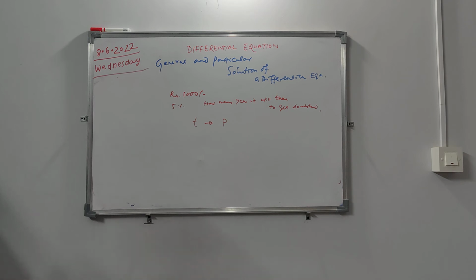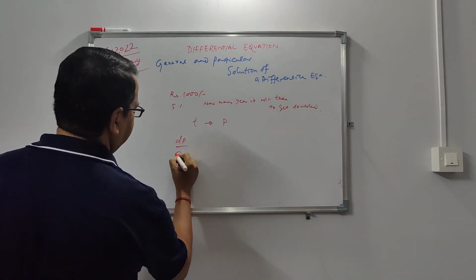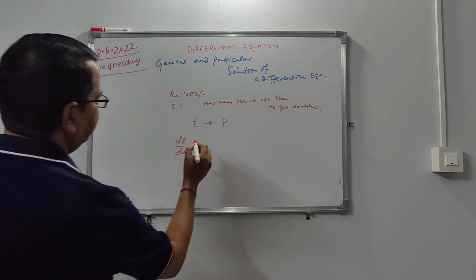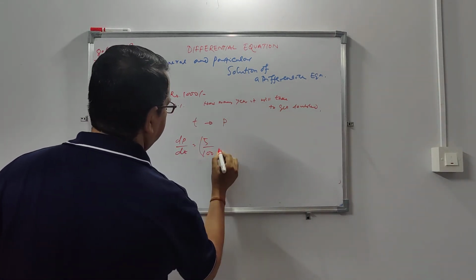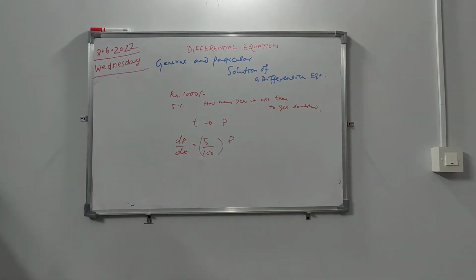So according to the given problem, dp by dt is equal to 5 by 100, like 5%, into P. So the rate of change of principal is nothing but the rate of interest times the principal.